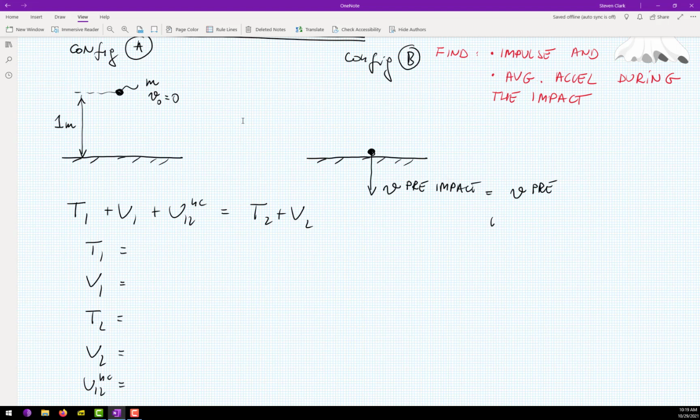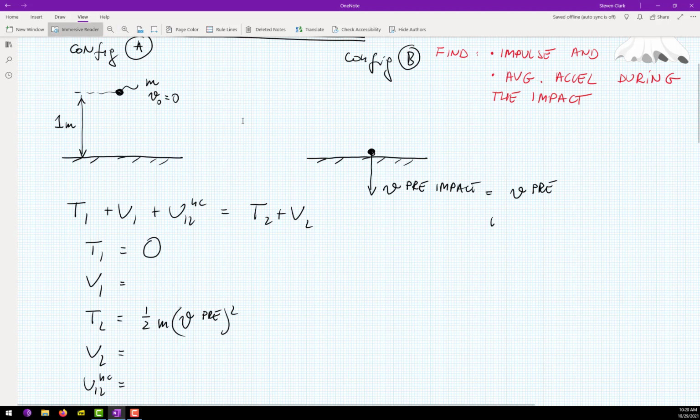Okay. System starts from rest, so that is 0 here. System has velocity at the end, so it will be 1/2 m v pre squared. No springs in the system, but something changes elevation here.